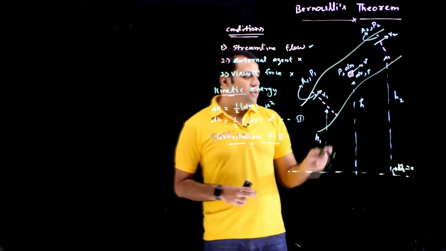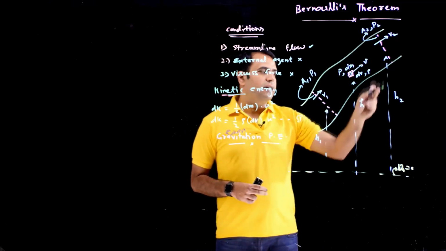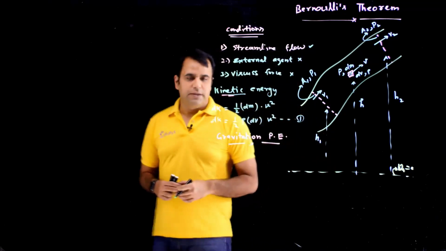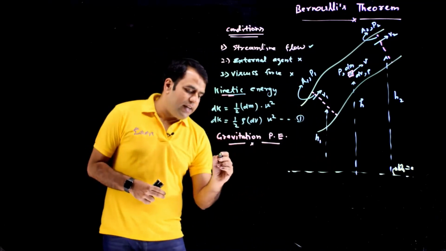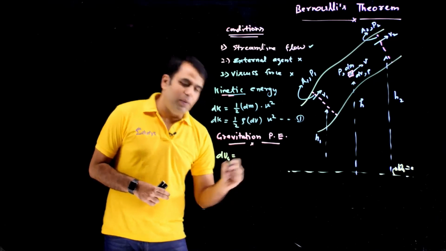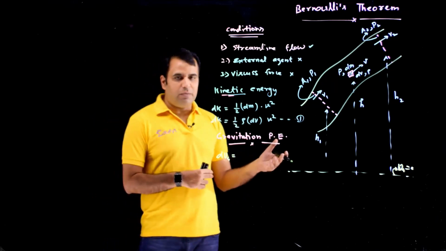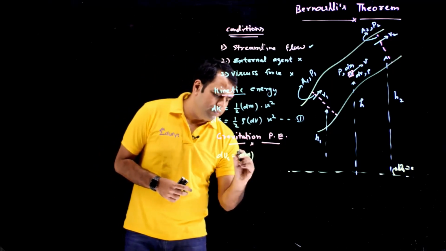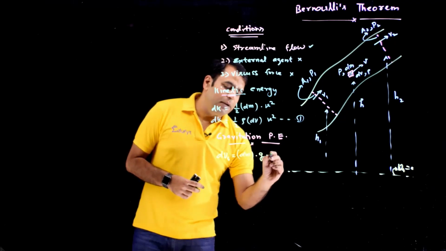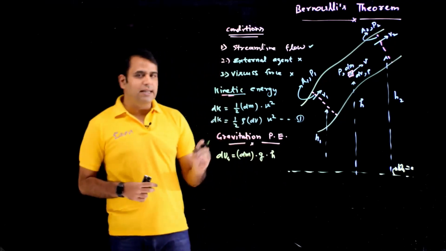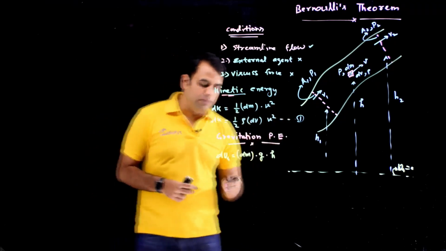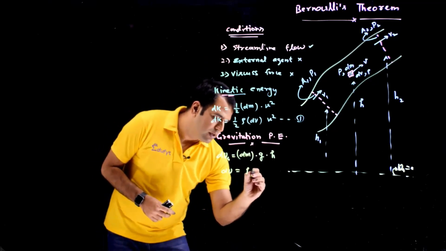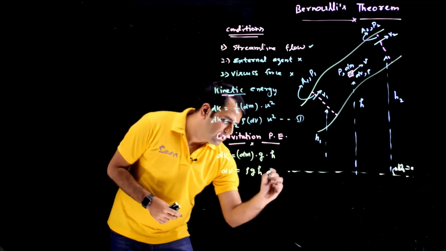From this level, the first cross-section is at height h1 and the second cross-section is at height h2, and the test volume is at a height of h. We already know the formula: the gravitational potential energy dUg equals mgh, but here the mass is dm, so it will be dm g h. This is the gravitational potential energy for our test volume. Let's simplify it in terms of dV: it will be rho g h times dV.